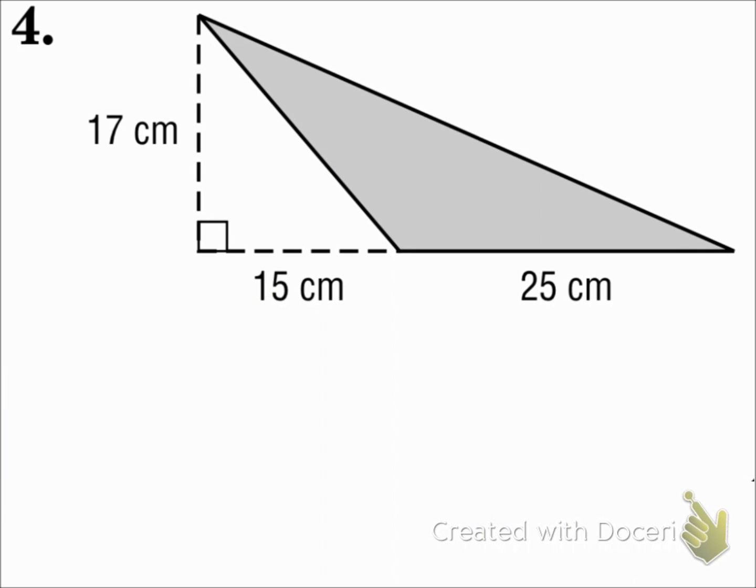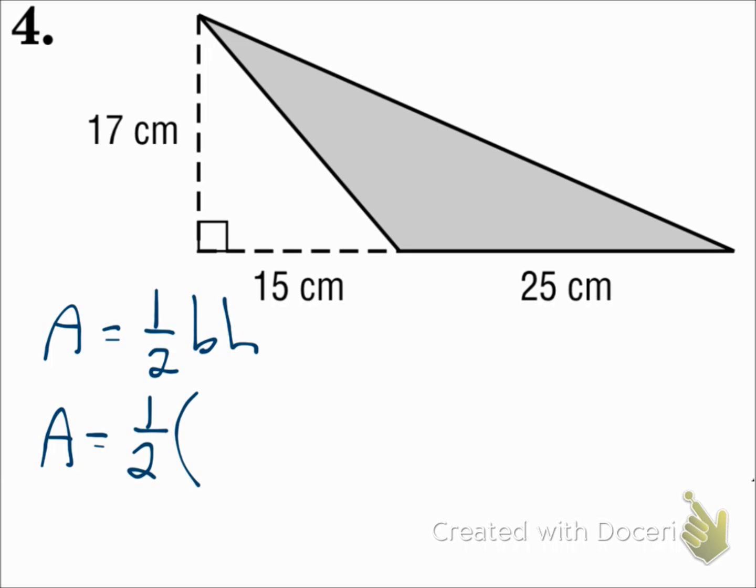Find the area of this triangle. Well, for a triangle, area is 1/2 base times height. On this triangle, the base will be 25, and the height is the distance from the base to the top, and that'll be the 17.